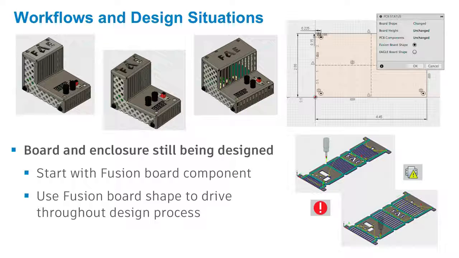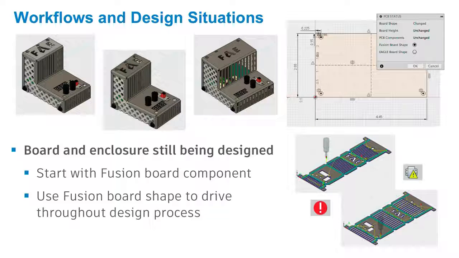The reason we want to do this is because we have the two board profiles present. We have Eagle and Fusion board. And starting with the Fusion board shape and then continuing to use it presents the least risk of making changes to the board that may cause lost references or bad geometry that doesn't work out in the assembly design.